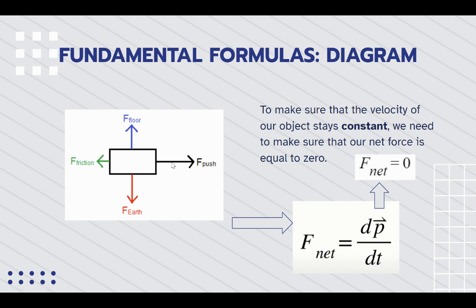And so from each direction, the forces should be evened out. So this is the body, and for example, F floor and F earth, these two should be evened out to make sure the momentum stays constant.